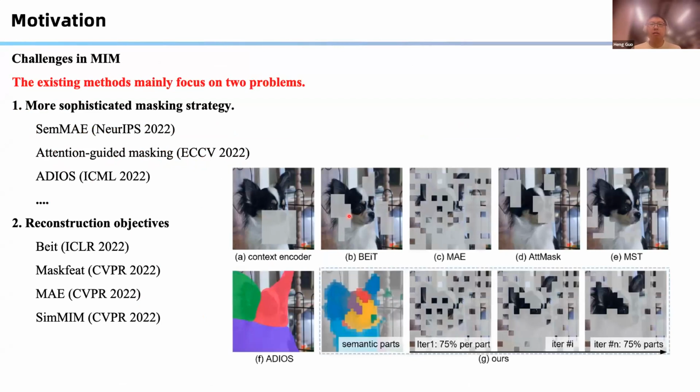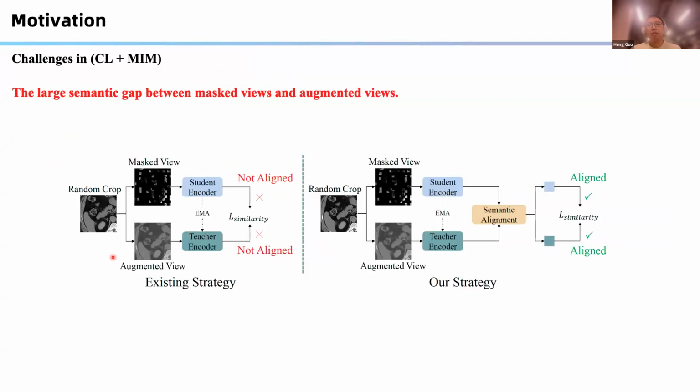Let's also consider the challenge in masked image modeling. The existing methods mainly focus on 2 problems: constructing more sophisticated masking strategies and constructing various reconstruction objectives. However, when we consider the combination of contrastive learning and masked image modeling, we find that existing methods can be somewhat simplistic in handling masked views and augmented views, especially when the masking ratio is very high.